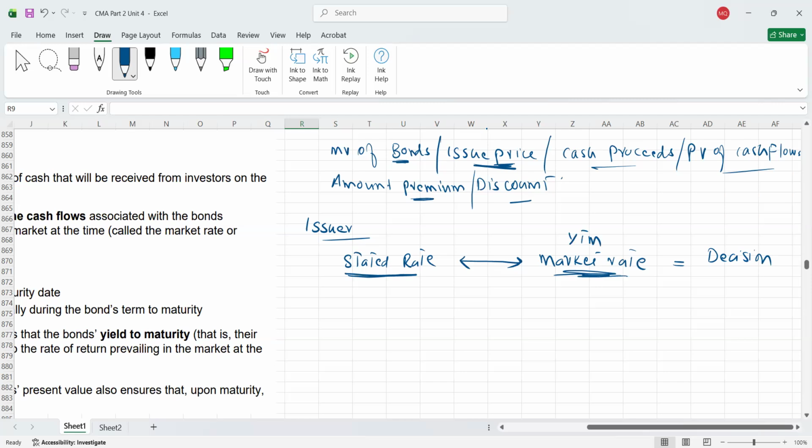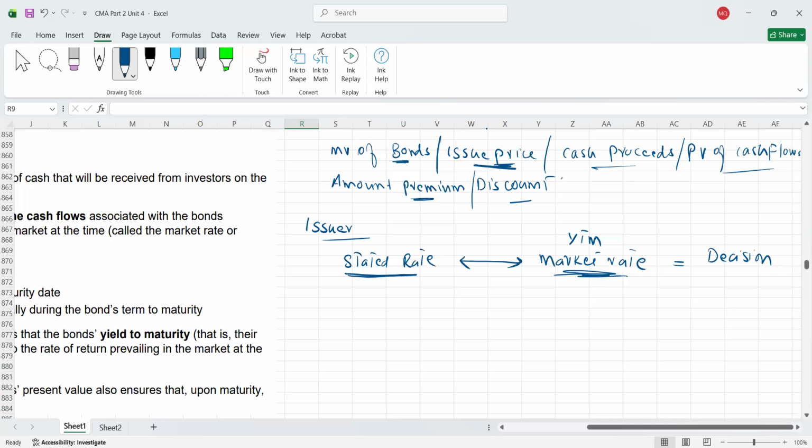Yield to maturity means, as an investor, if you hold the bonds until the maturity date, let's assume the bond has a life of 5 years, and every year you receive interest, plus at the end you receive the original or face amount, then the return you get in terms of percentage is called yield to maturity.